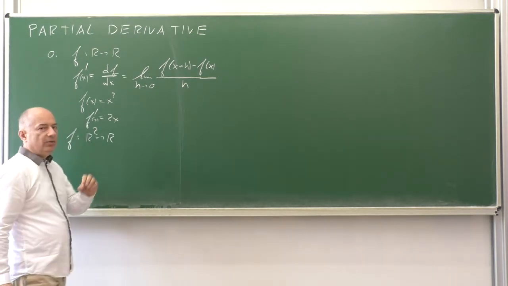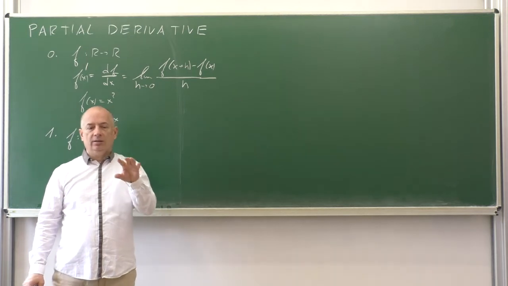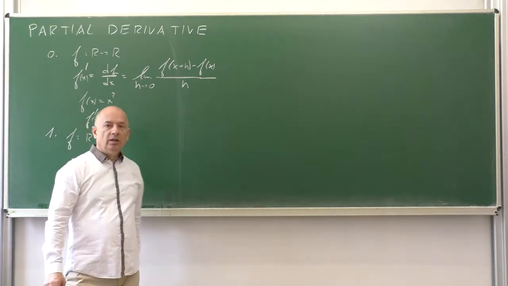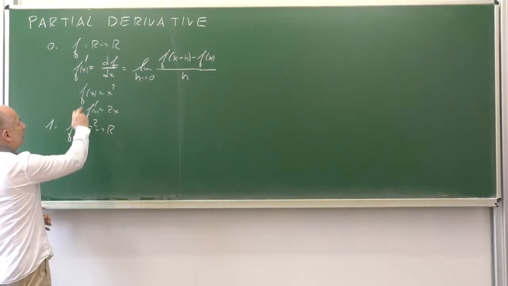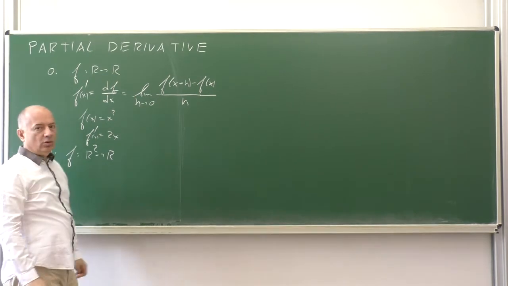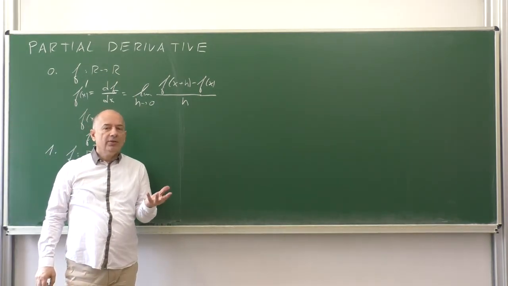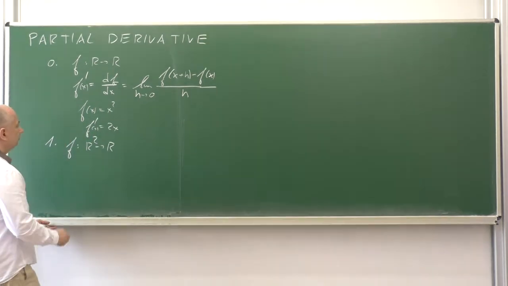Partial means that we consider only a subset, a part, some small portion of the space of the arguments. And then prime is no more a good symbol to denote the derivative because it tells nothing about whether we choose to differentiate with respect to x or with respect to y.